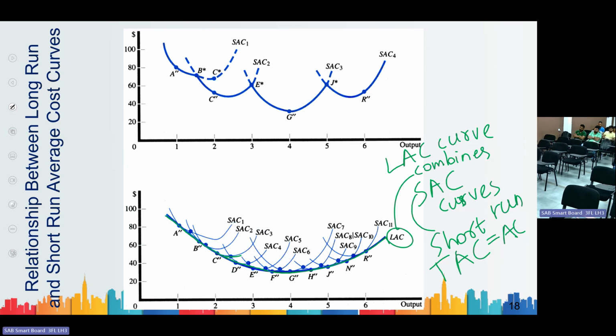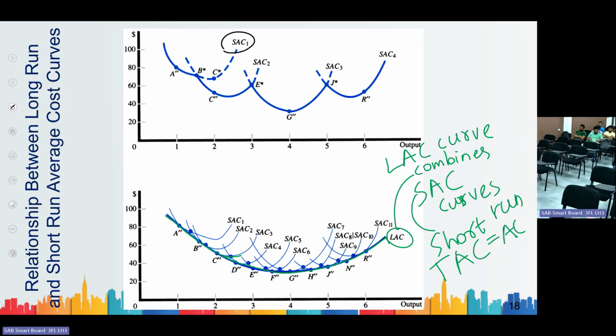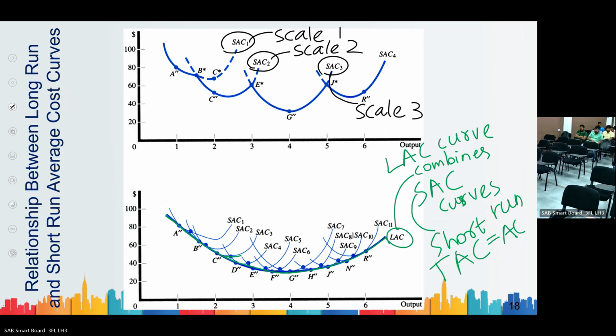So this is the short run average cost curve, the first one. This belongs to scale 1, the current scale. This is the short run average cost curve for scale 2, that may be after the next expansion. This is scale 3, after the second next expansion.